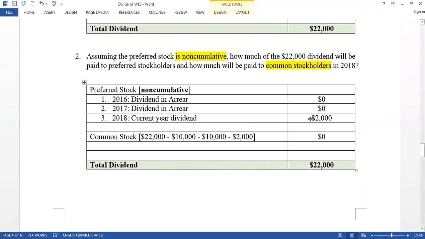What is the amount of current year dividend? $10,000, because they are non-cumulative. Last 2 years, they did not receive any dividend, and this is completely lost, so this is 0, right? And current year, they received $10,000, and the remaining $12,000 goes to the common shareholder.